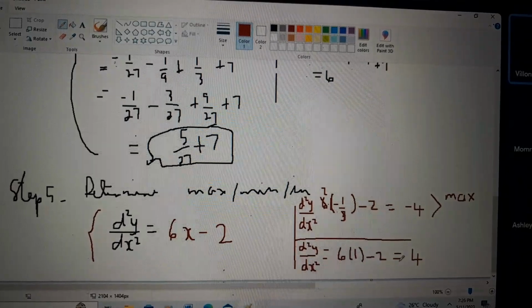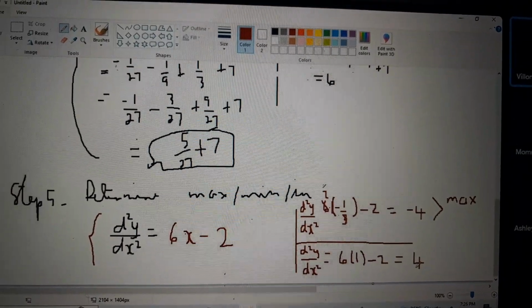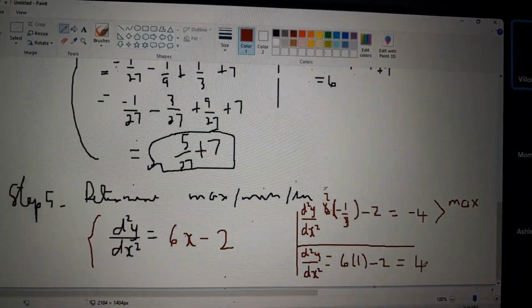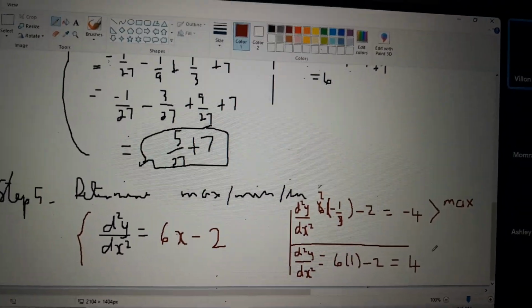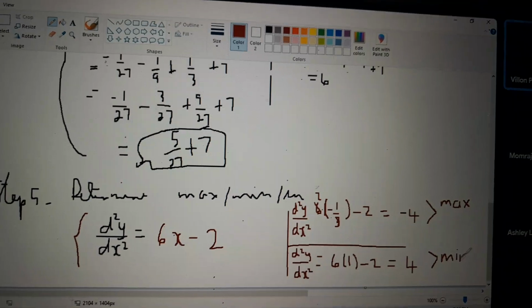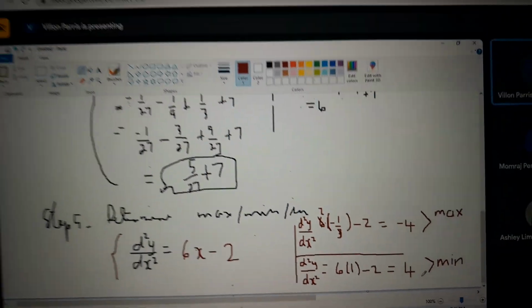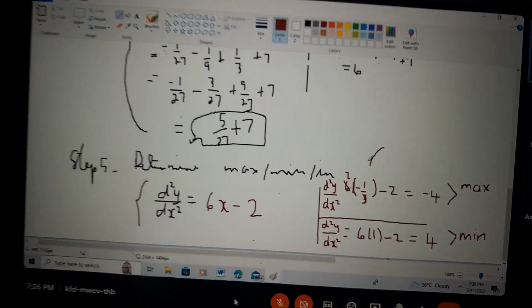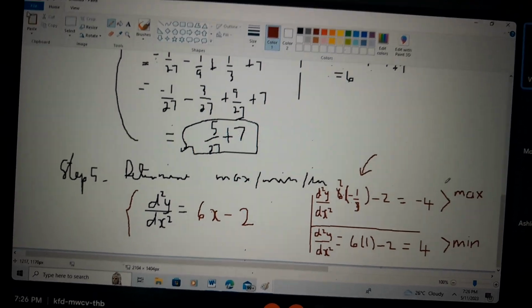And when the second derivative is positive, you have a min. So this is one way that we can determine the nature of the point. So we are saying that at this point here, it's a maximum value.